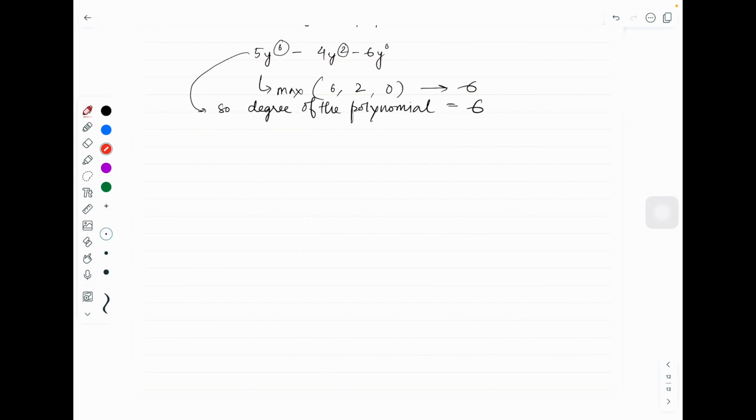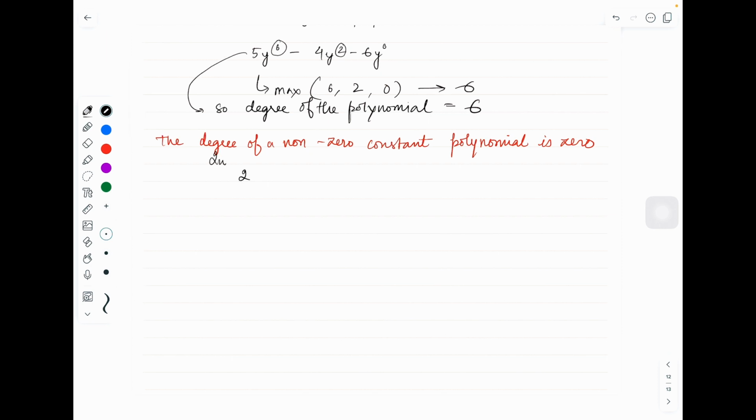This is an important point: the degree of a non-zero constant polynomial is 0. This is self-explanatory. I've already told you integers are constant polynomials.